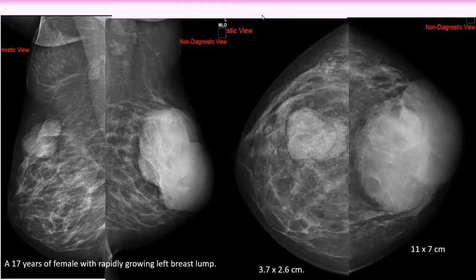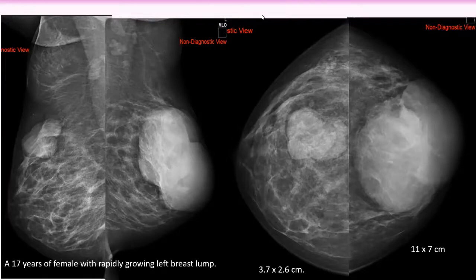Because of large size and rapidly growing, we have to consider phylloides high up on the top of the differential diagnosis. What is the differential diagnosis for this? Other conditions, also rare, can be overlapping in the differential diagnosis of phylloides tumor.